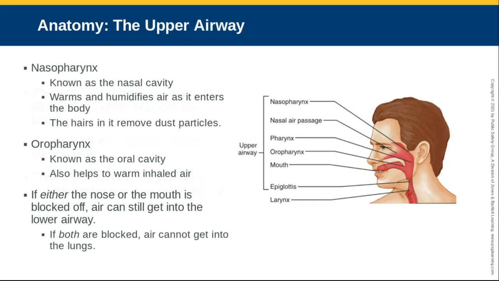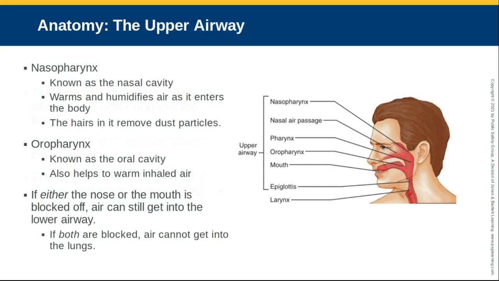Let's look at a little bit more detail. The nasopharynx is that opening behind the nose that allows us to filter particles, moisten the air as it enters. The oropharynx also serves that capacity, but it doesn't have, say, the filtering capacity. If either one of those is blocked, air can still get to the lower airway.